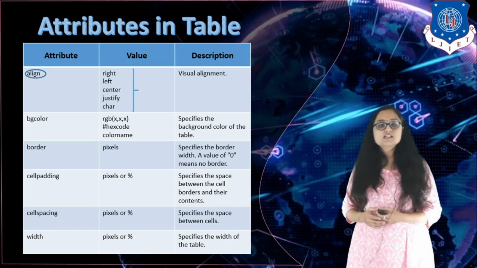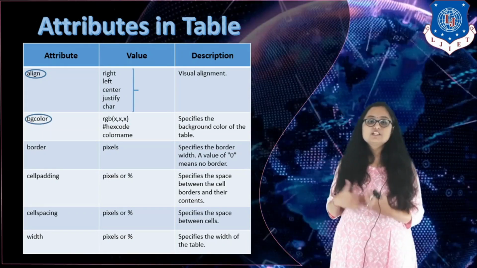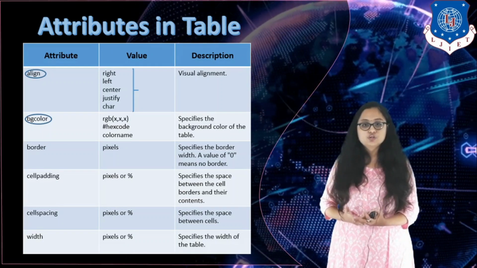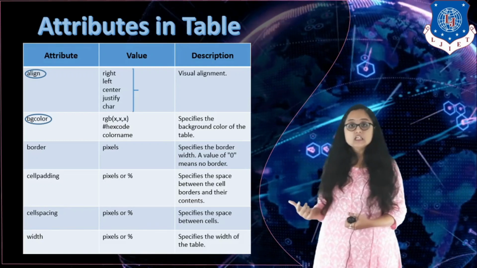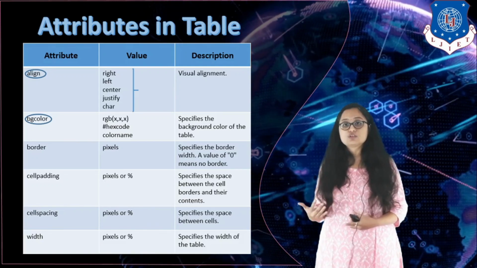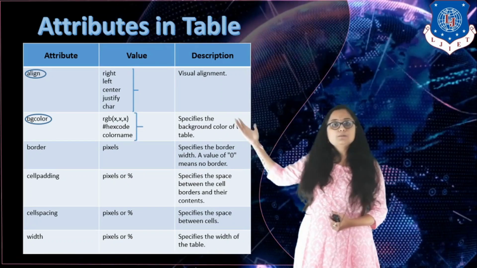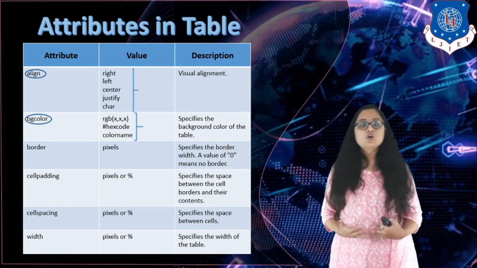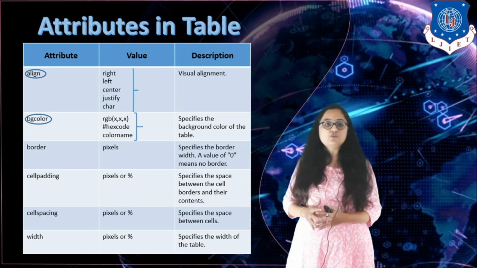The next is BGCOLOR. BGCOLOR specifies the background color for your table, right? So along with table tag, if you write BGCOLOR, it means you want some sort of color in your table. So these are the possible values. There are three formats in which you can specify the color. The first one is RGB format.